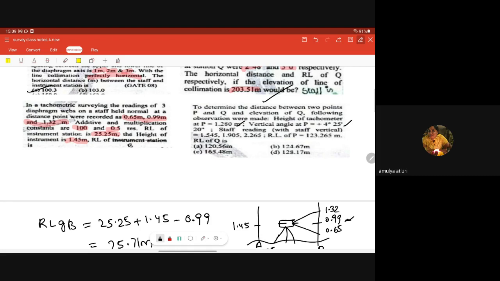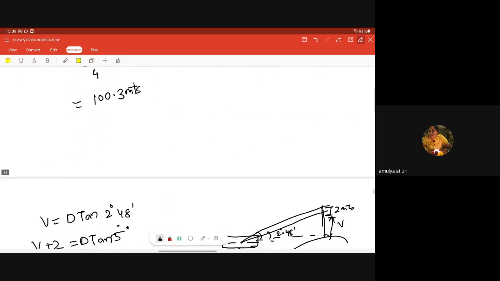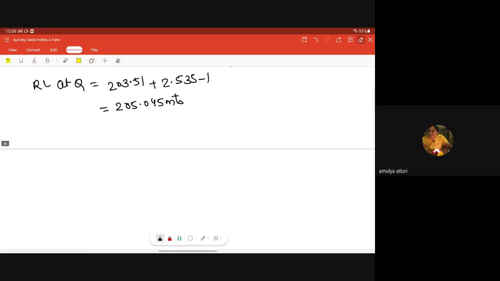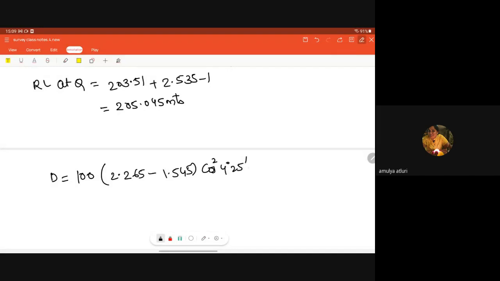And it is inclined. So here comes the second case, right? If it is inclined, then what is our distance equation? Distance is equal to, okay, let's substitute 100 into 2.265 minus 1.545 into cos square. What is that angle? 4 degrees 25 minutes 20 seconds.